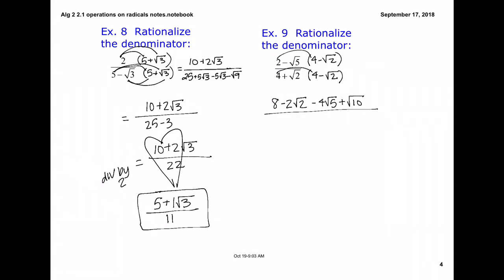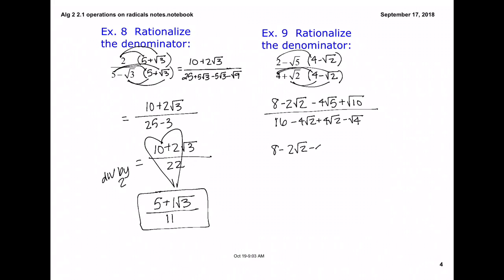When we distribute out the denominator, 4 times 4 is 16. 4 times negative root 2 is negative 4 roots of 2. 4 times positive root 2 is plus 4 roots of 2. Root 2 times negative root 2 is negative root 4. We need to combine our like terms. In the numerator, nothing combines.